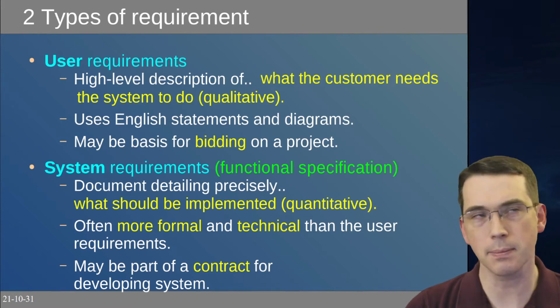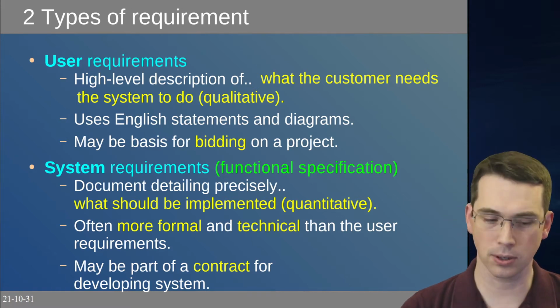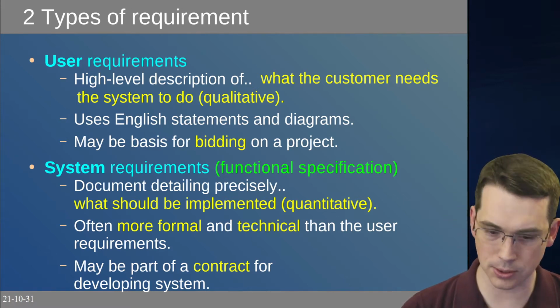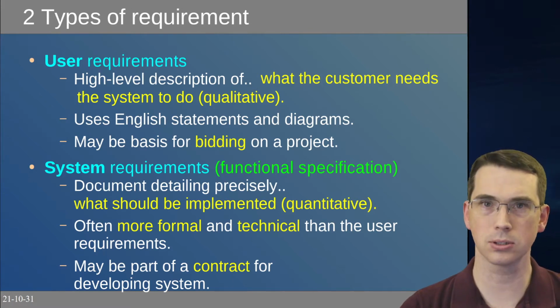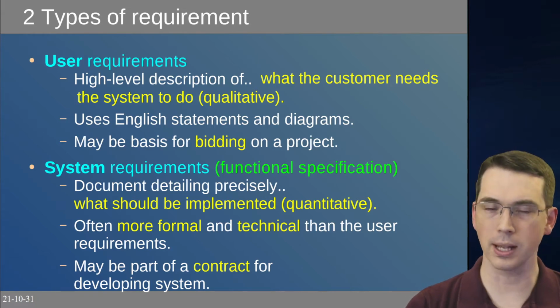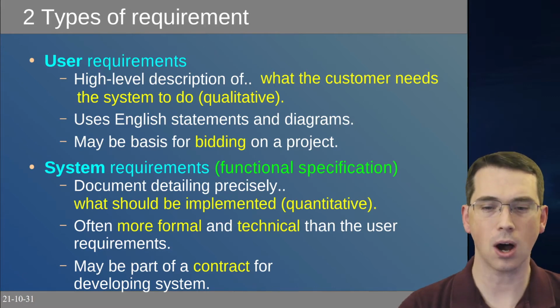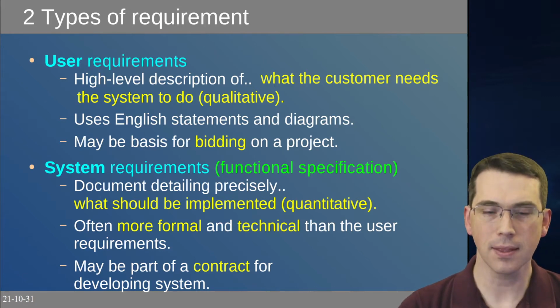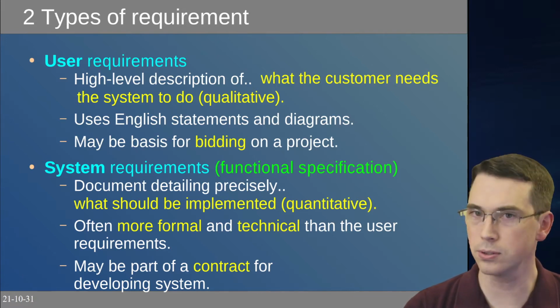So when you said, for example, you want to be able to write on a PDF, do you want to be able to edit the text with your keyboard and change the actual text in there? Or do you want it to be over top, almost like the person's going with a pen over top? Do you want to support just the keyboard, or do you want a mouse input? These kind of things. So this is often more formal and technical than the user requirements. The user requirements are from the point of view of what your user is thinking.